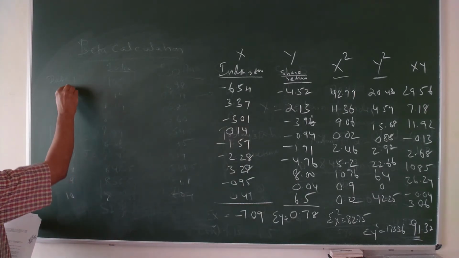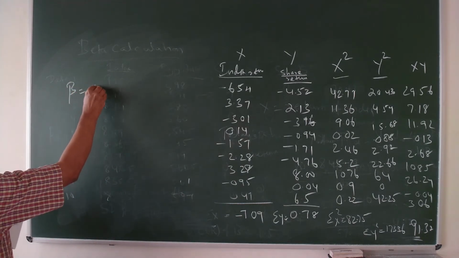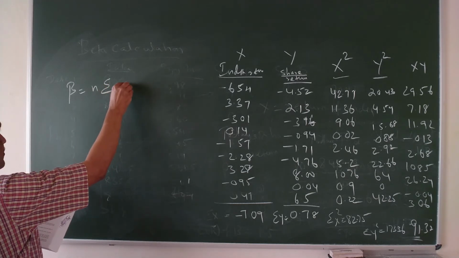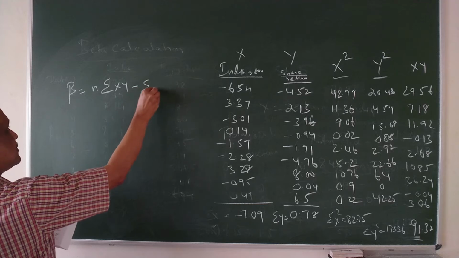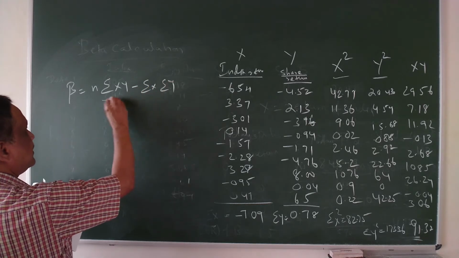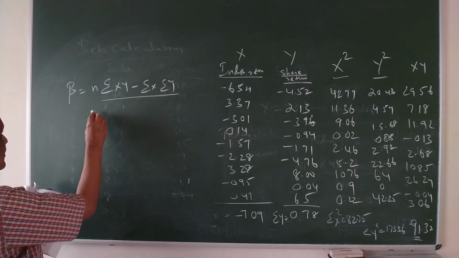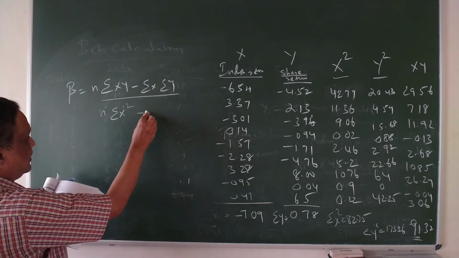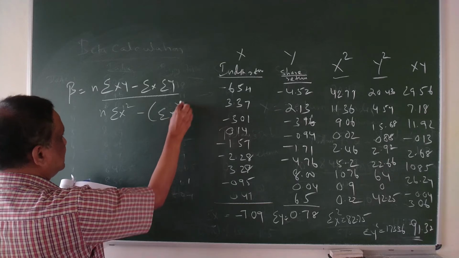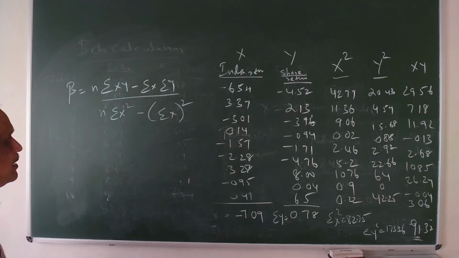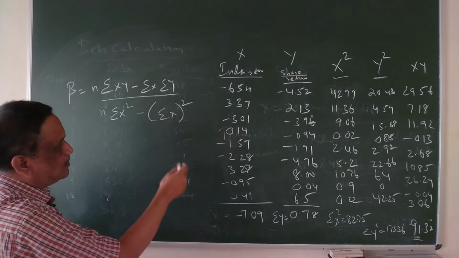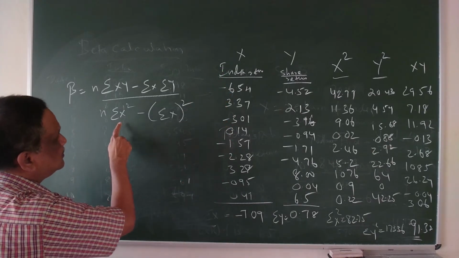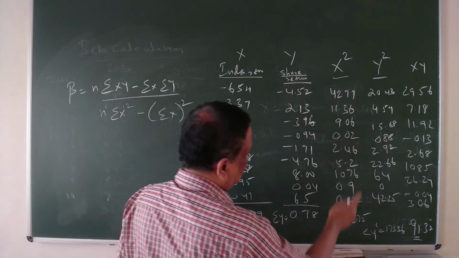We know the formula: beta equals n sigma xy minus sigma x into sigma y divided by n sigma x square minus sigma x whole square. Please be clear, this is sigma x whole square, that is this whole square. This is sigma of x square, this one.